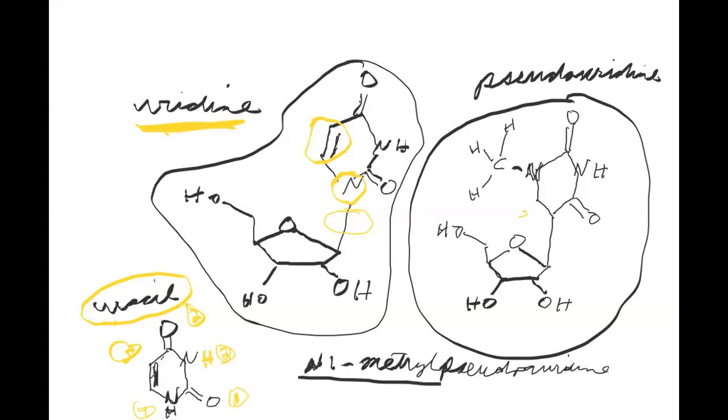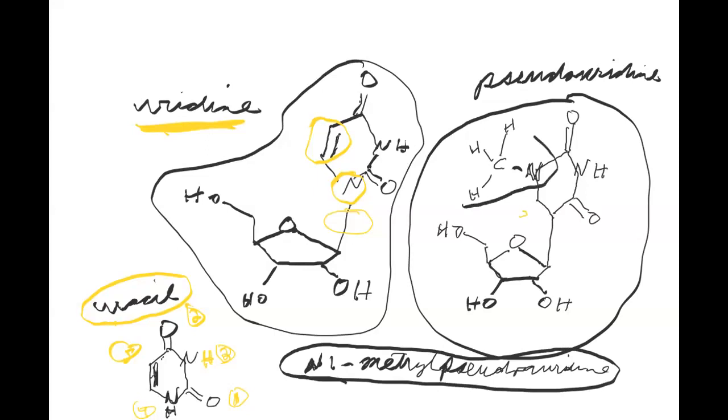So this is what's in the messenger RNA platform. All right, is this difference. Okay, but the regular pseudouridine that's endogenous is actually a nitrogen and a hydrogen at this position.